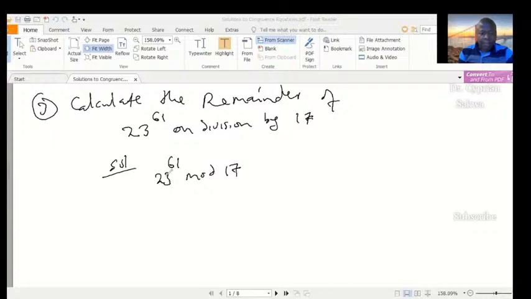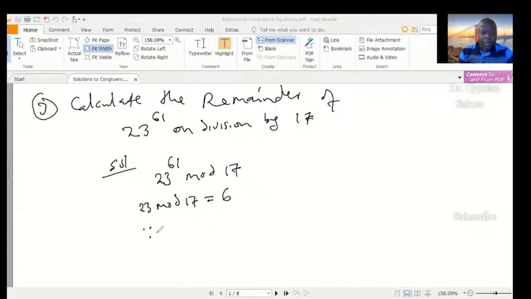So first of all, I'll reduce this 23 mod 17. What is 23 on division by 17? What is the remainder? I can see that if 23 was divided by 17, the remainder would be 6.